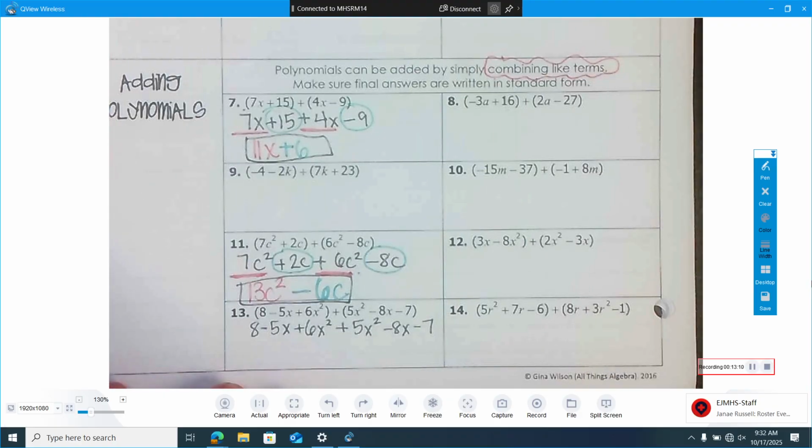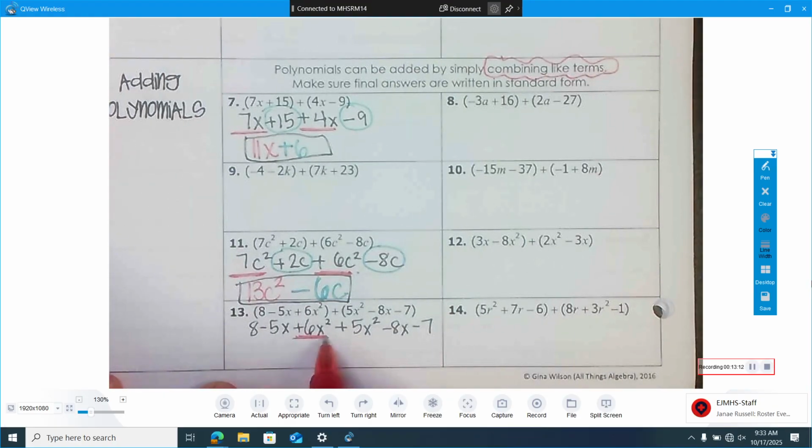Let's see, I'm going to start with my highest powers. So my highest power here is 6x squared. What's his friend? 5x squared is his friend. Very good. They have the same variable, x squared. They match. They're the same shape. 5x squared plus 6x squared is 11x squared. What should I add together next?